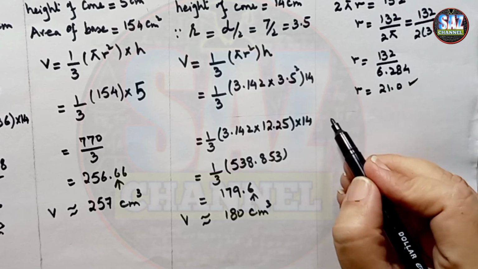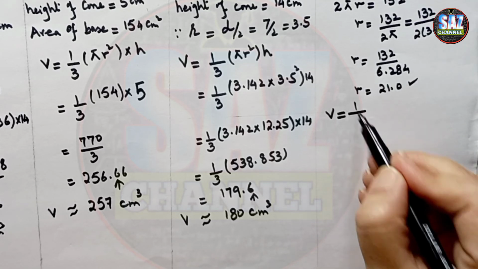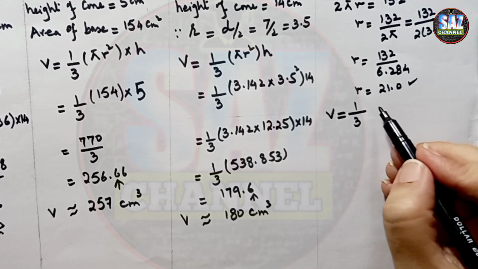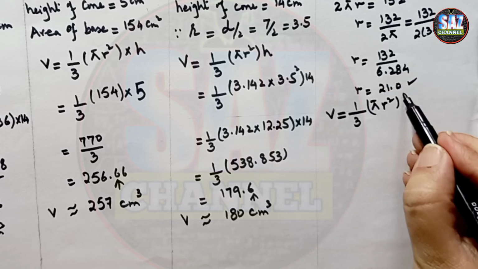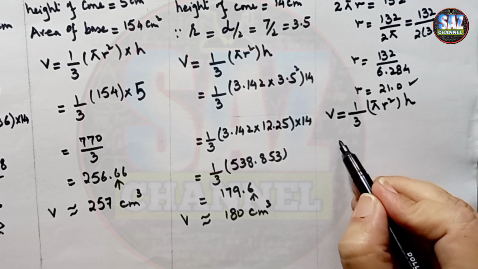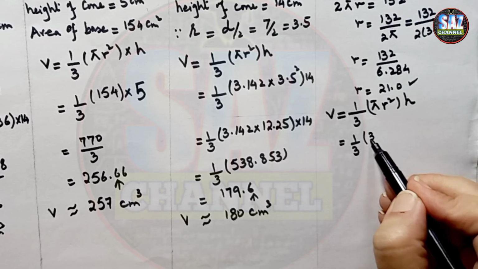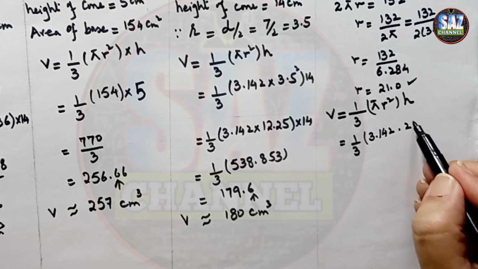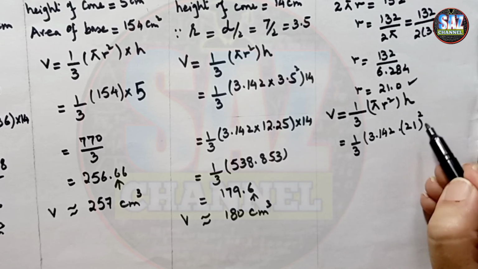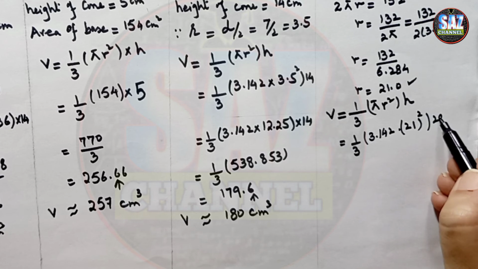Now we have to replace the value of the radius in the volume formula, 1 by 3 into pi, r square and h. 1 by 3 and pi has the value 3.142. The radius is 21 square, and the height of the question is 28.